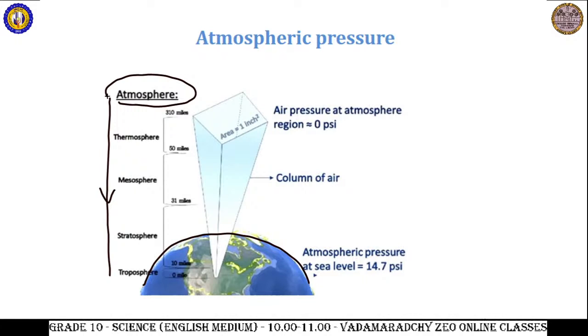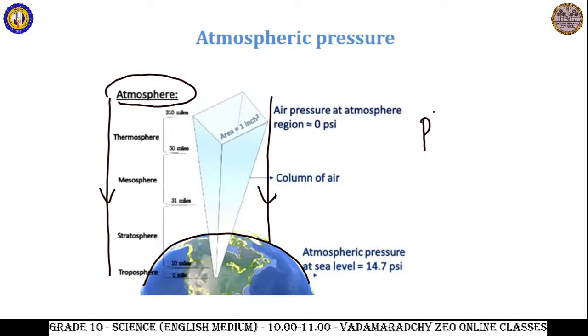Similar to the pressure produced by the liquid, okay? We already studied that pressure is created due to the weight of liquids. So, similar to the pressure produced by liquid, pressure is created by this atmosphere on the Earth.